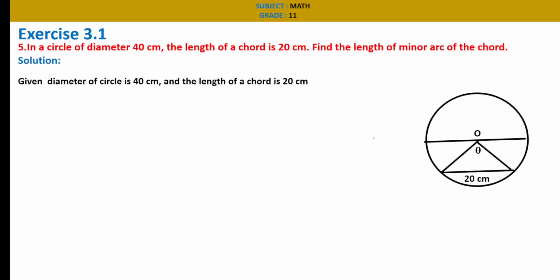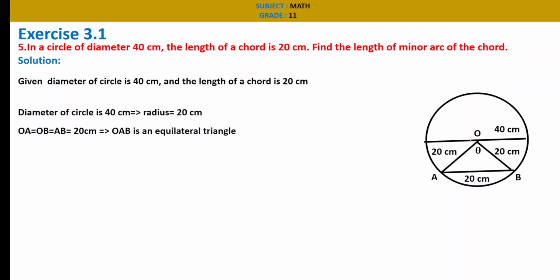So let us make these measurements here. The diameter of the circle is 40 centimeters, so the radius is equal to 20 centimeters. The angle AOB is theta. Then we assume AB as a chord of length 20 centimeters.